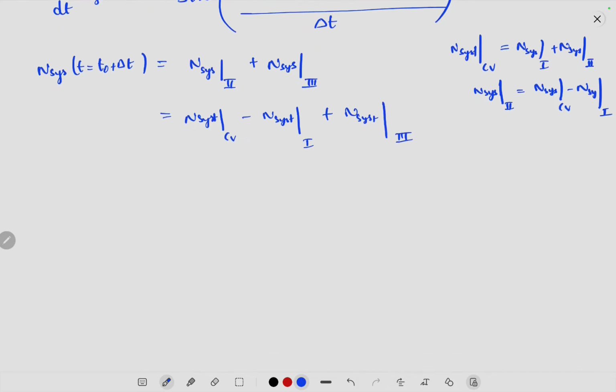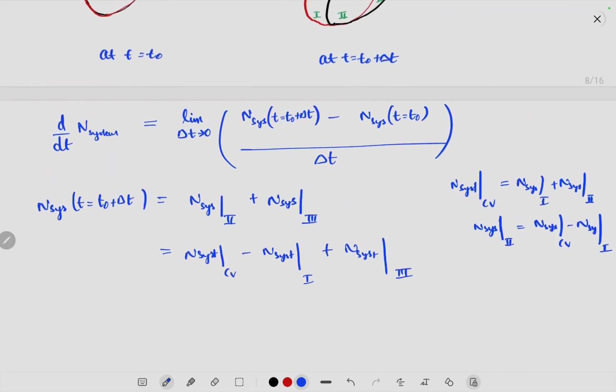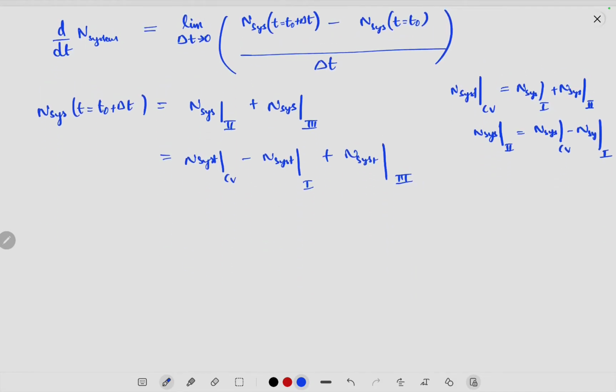So this is my N_system at t = t0 plus delta t, given by N_system in CV, N_system in region 1 and N_system in region 3. Now let's use this in this expression.